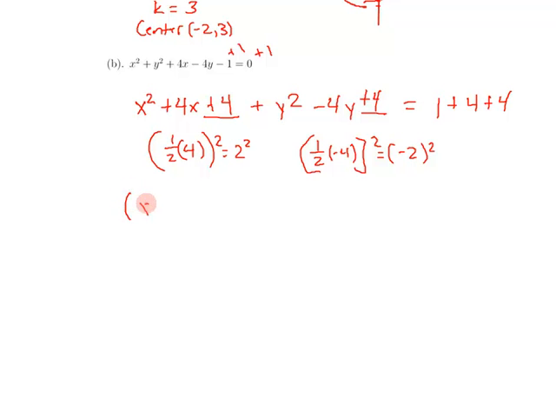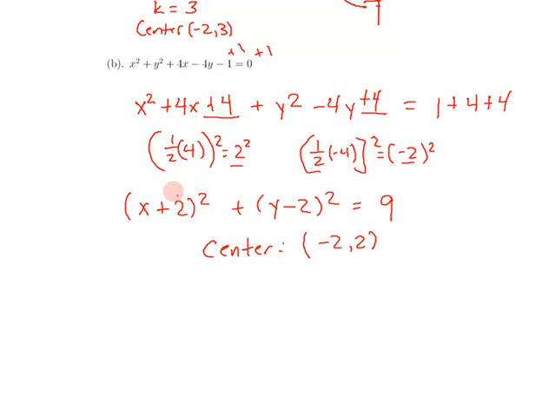When I factor, I get x plus 2 squared and y minus 2 squared, equals 1 plus 4 is 5 plus 4 is 9. So my center is negative 2, positive 2, right? This makes the h negative 2 and the k here would be positive 2. And then the radius is the square root of 9, which is 3.